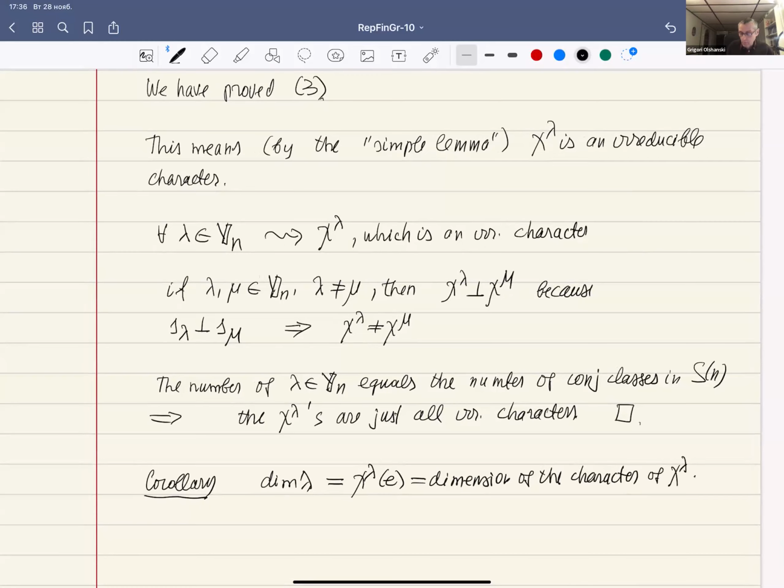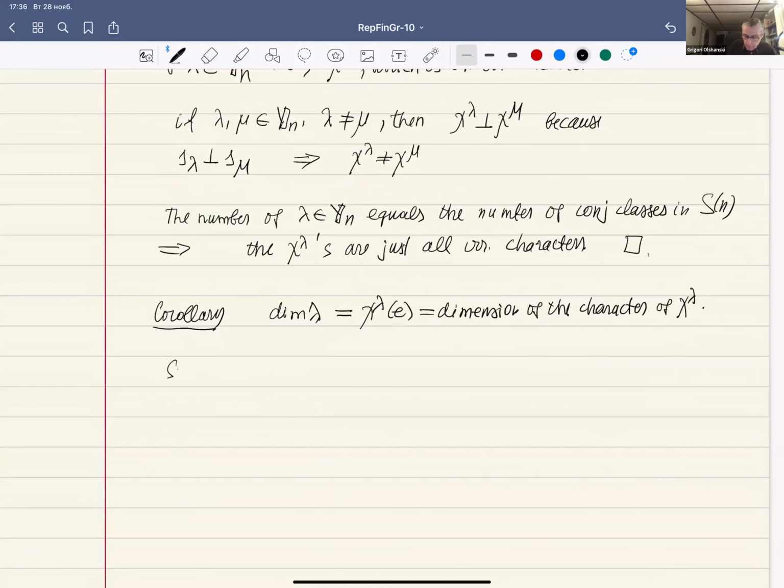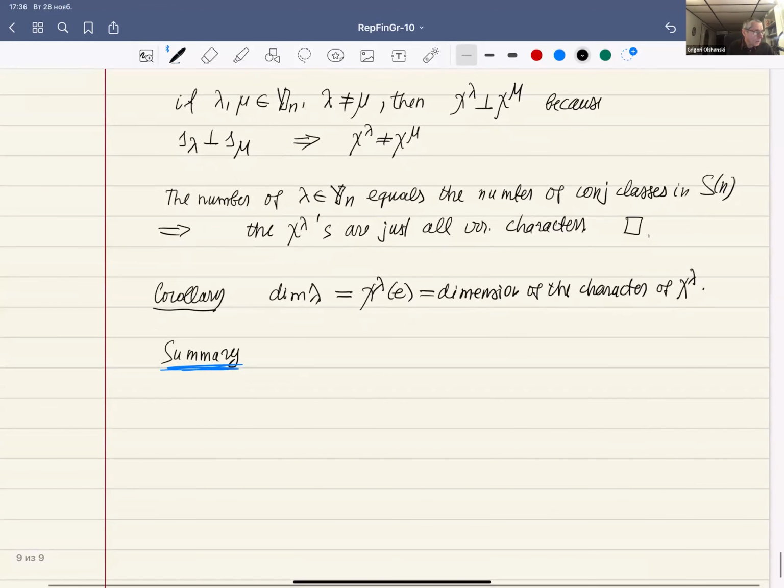So let me give a little summary of what we already know. We know that the image of this function under the characteristic map is the Schur symmetric function.